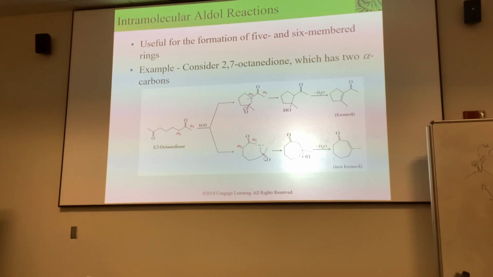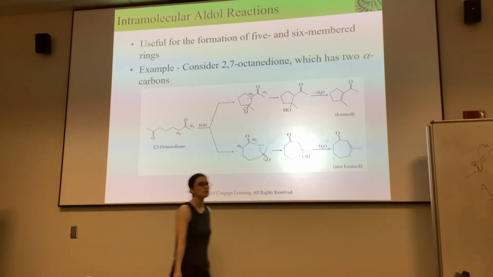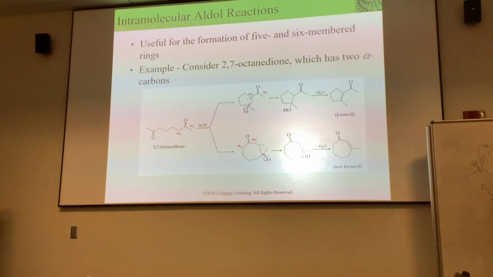When we do intramolecular aldol reactions, there are basically always going to be 2 options unless this is a dialdehyde, in which case there's, well, one thing you can do. But always look for the 5- and 6-membered rings, because that's when you're going to actually have one of your 2 products favored.